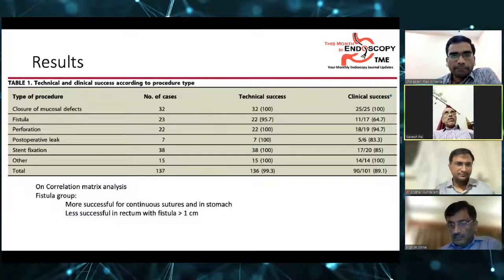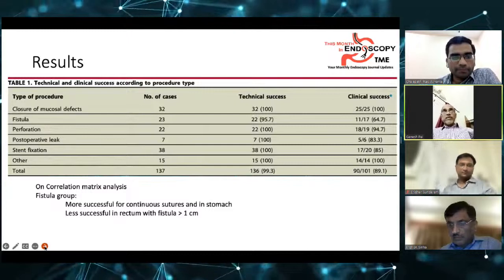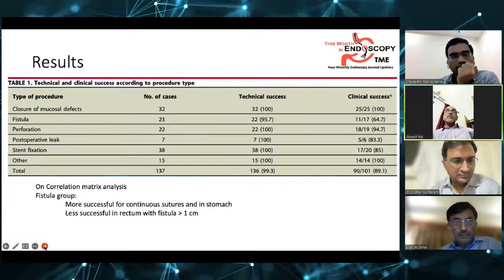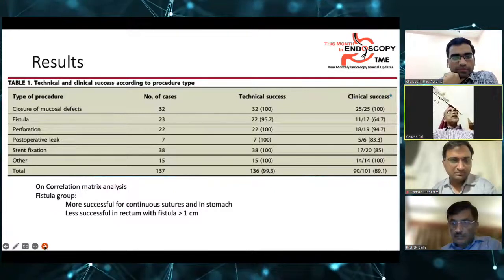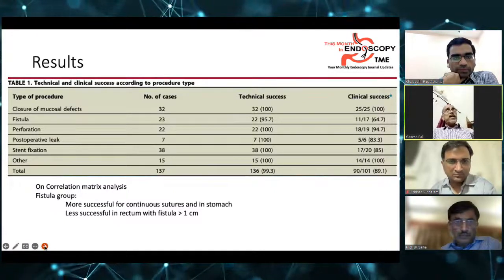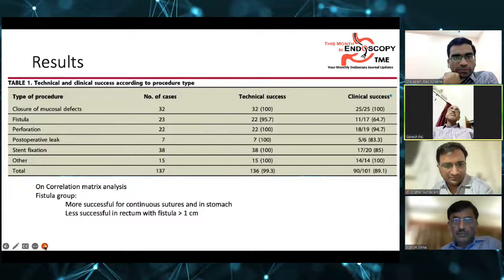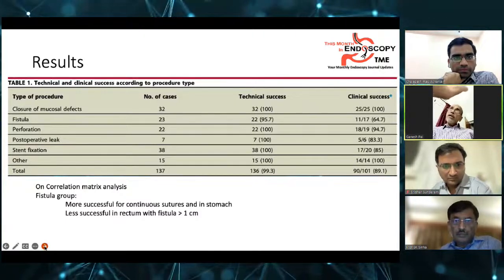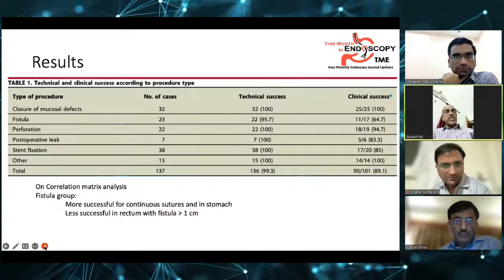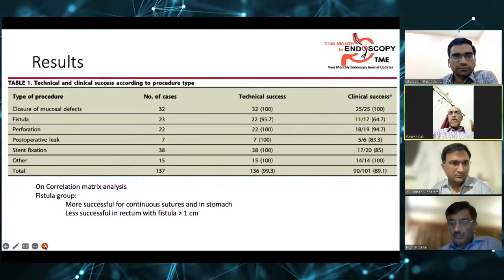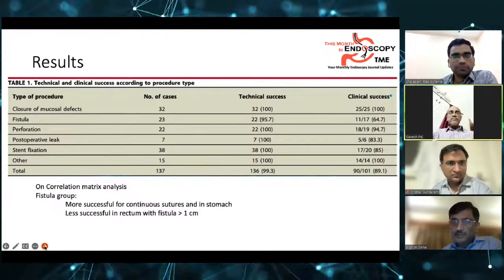For example, there are fistulae where the clinical success is much lower. Now we need other studies specifically on fistulae, specifically on stents, specifically on other situations like post-operative dehiscence and so on. So these are very early data.